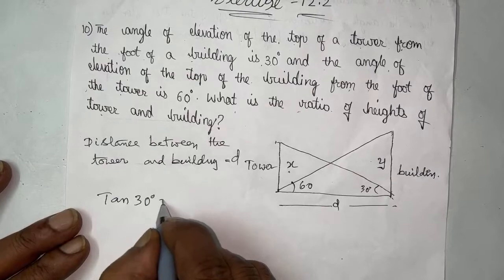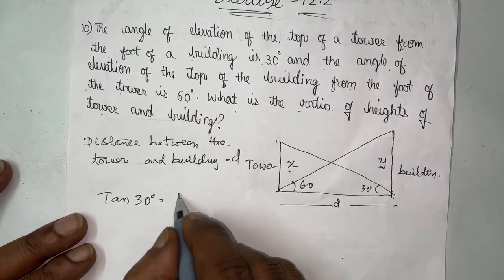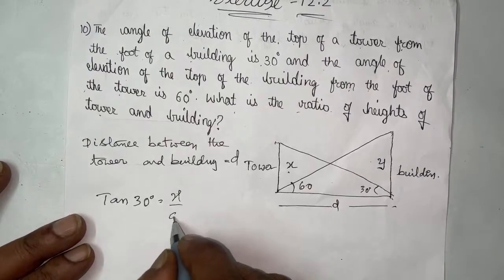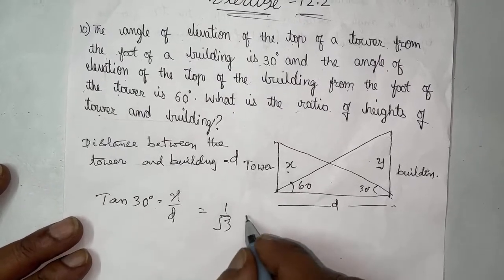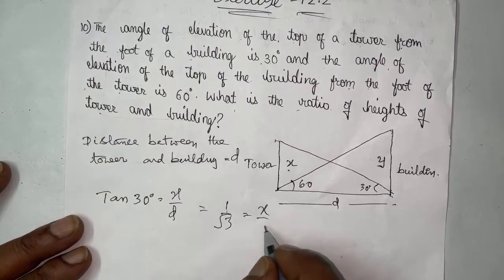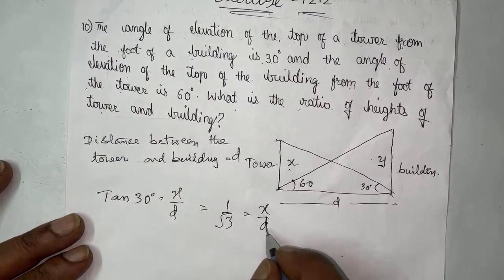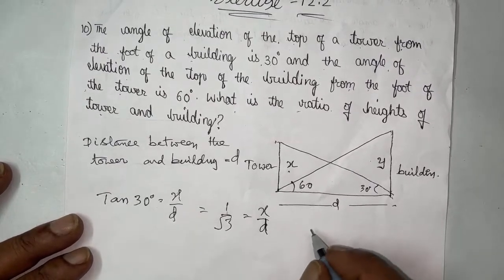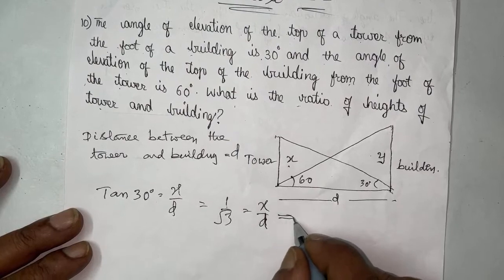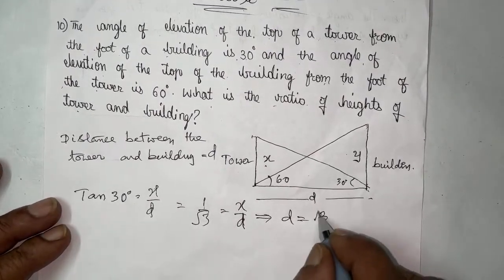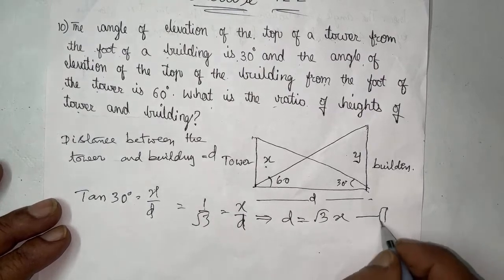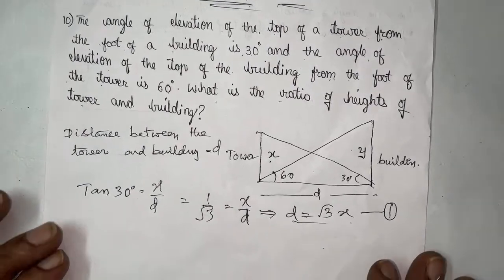Tan 30 degrees is equal to X by D. Tan 30 value is 1 by root 3. So 1 by root 3 is equal to X by D. Making D the subject, D is equal to root 3 X. This is equation 1.